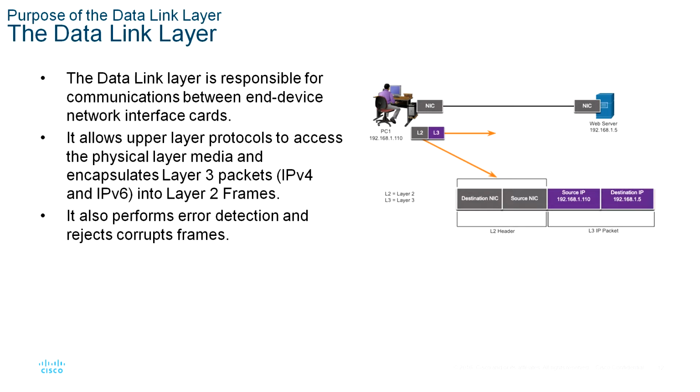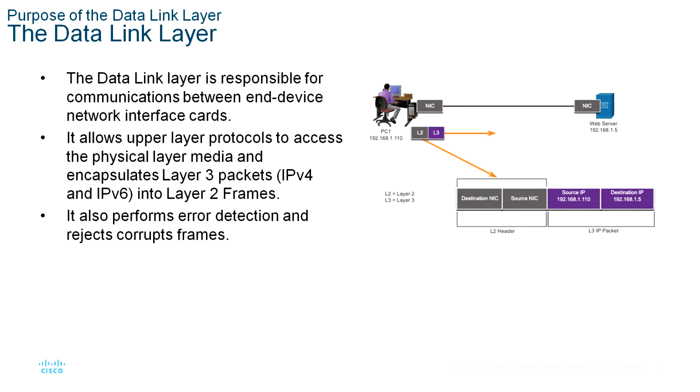The upper layer protocol is completely unaware of the type of media that is used to forward the data. It accepts the data, usually layer 3 packets, that is IPv4 and IPv6, and encapsulates them into layer 2 frames. In the data link layer, the data format is frames.